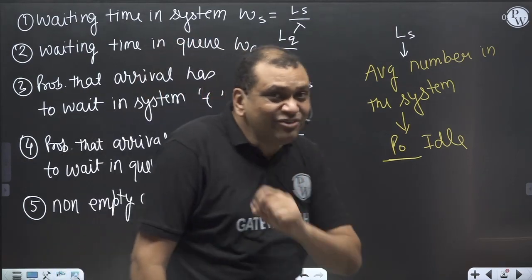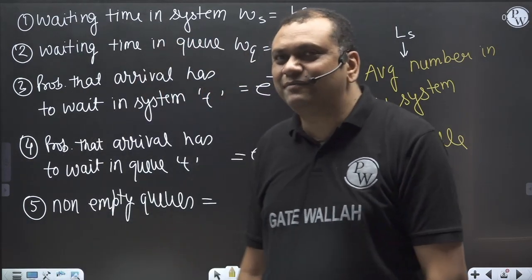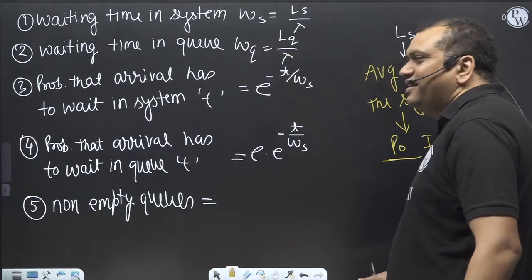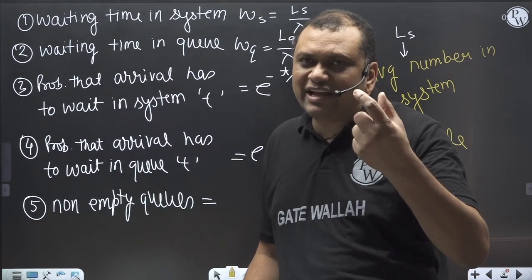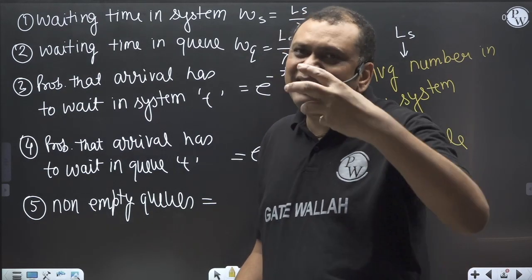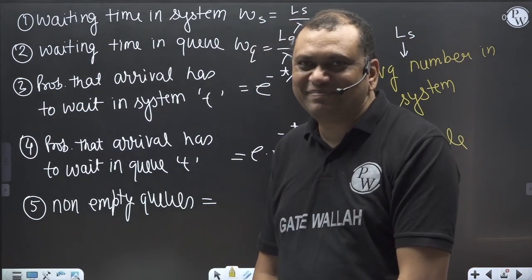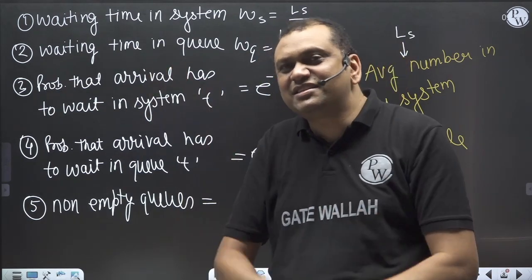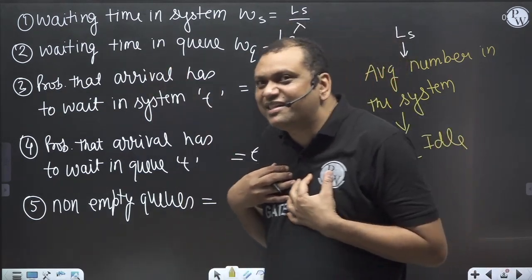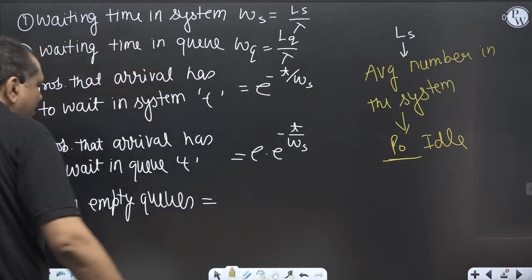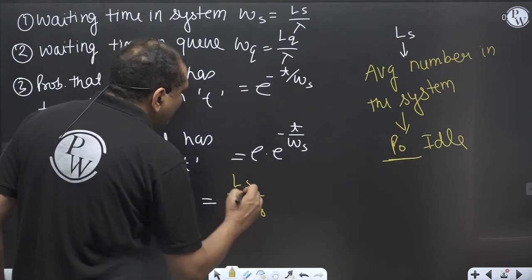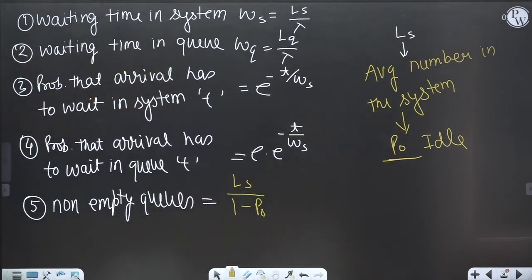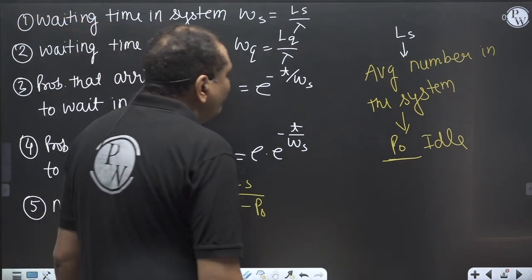But now I want to calculate the average length of system, and I want to remove this idleness. I want to calculate the average when at least somebody is there in the system. That is called average length of non-empty queues, and it is Ls divided by 1 minus P naught.